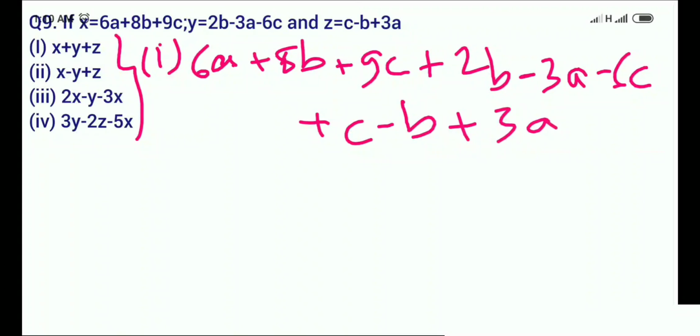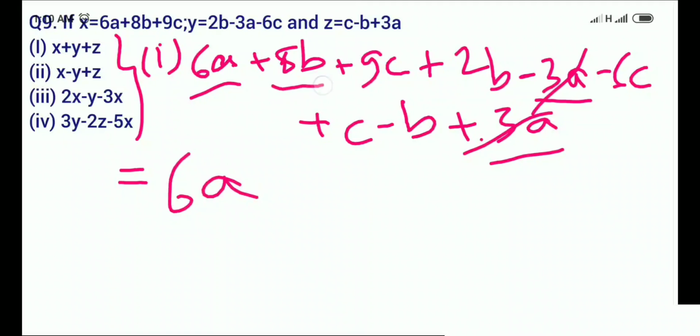You can rearrange all these values to write all the a together, b's together and c's together and then evaluate, or otherwise you watch carefully and evaluate. These will be equal to 6a, and here 3a and this is 3a. Plus 3a and minus 3a will cancel out, so 6a is left.